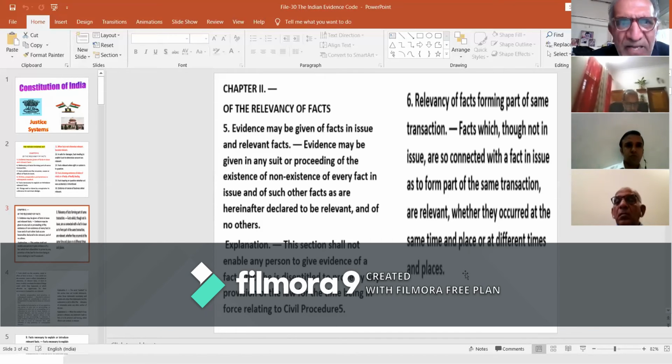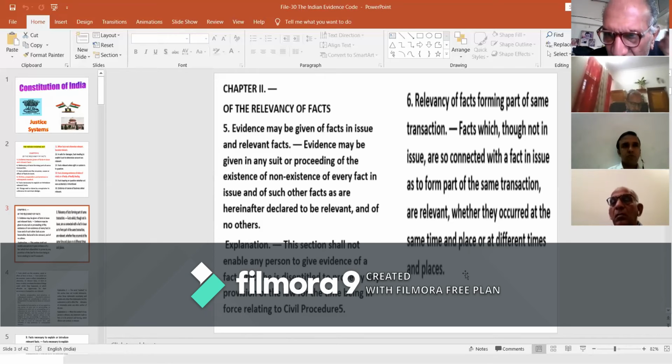Now, there is an explanation under Section 5. This section shall not enable any person to give evidence of a fact which he is disentitled to prove by any provision of law for the time being in force relating to civil procedure. Now, it is not with respect to the criminal procedure.